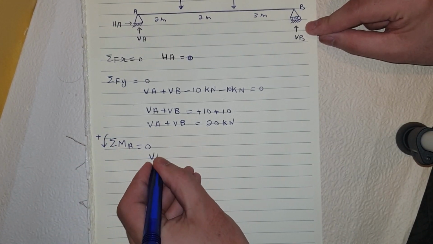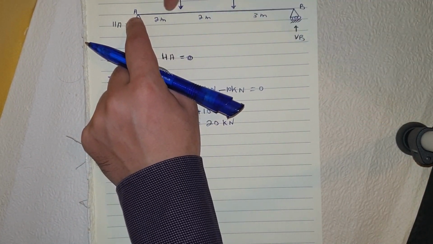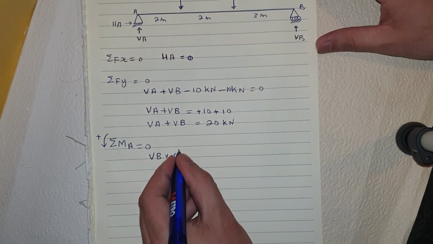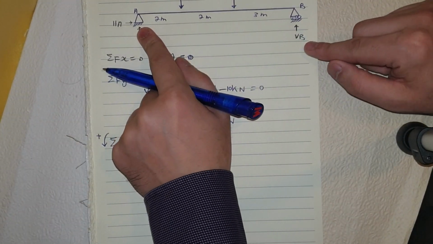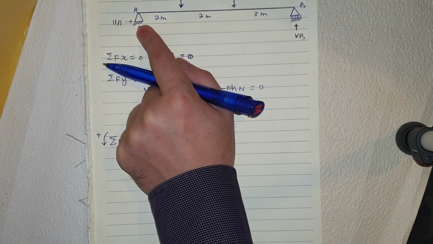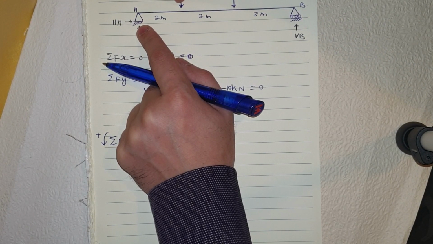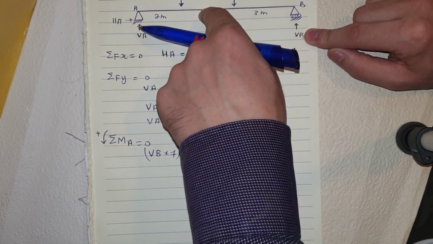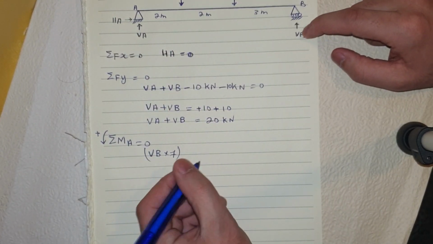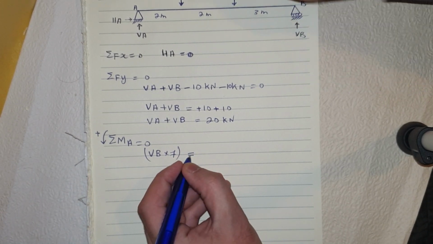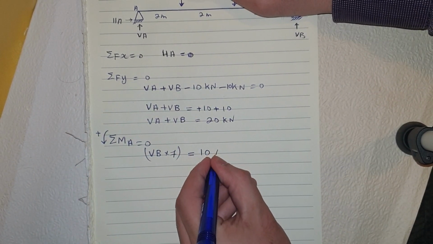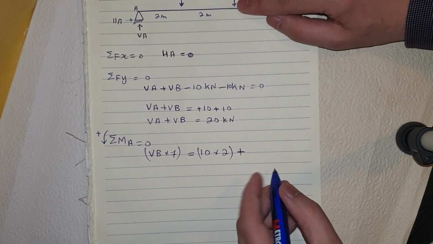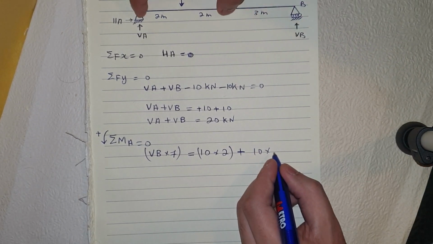So VB, what is the total distance? 2 plus 2 is 4, 4 plus 3 is 7, so 7 times VB. My VB is acting anti-clockwise, and the two point loads are acting clockwise, which means VB acts opposite to the point loads. Therefore 7 VB equals 10 kilonewton times the distance of 2 meter, plus another 10 kilonewton times the distance of 4 meter.